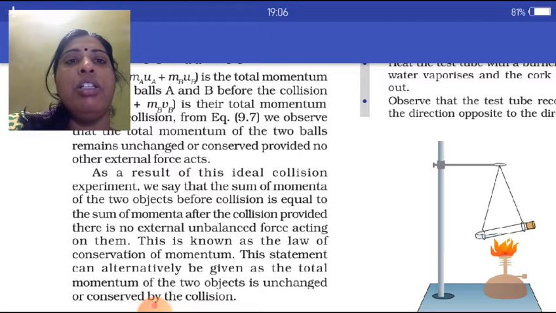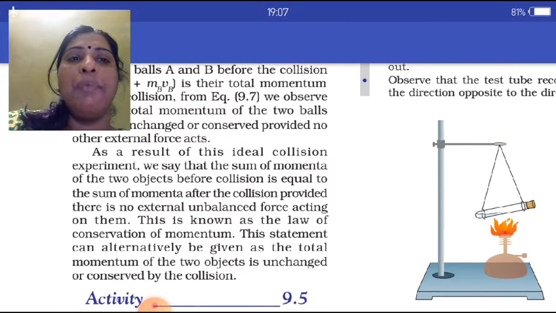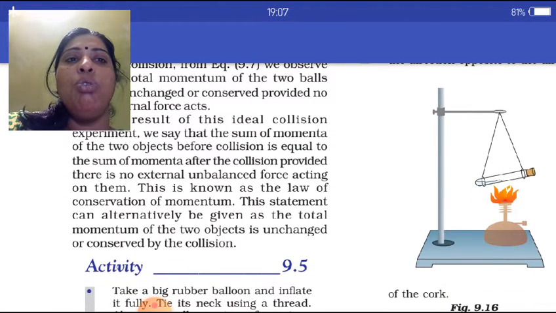I repeat, what is the law of conservation of momentum? The sum of momenta of the two objects before collision is equal to the sum of momenta after the collision, provided there is no external unbalanced force acting on them. This is the law of conservation of momentum.